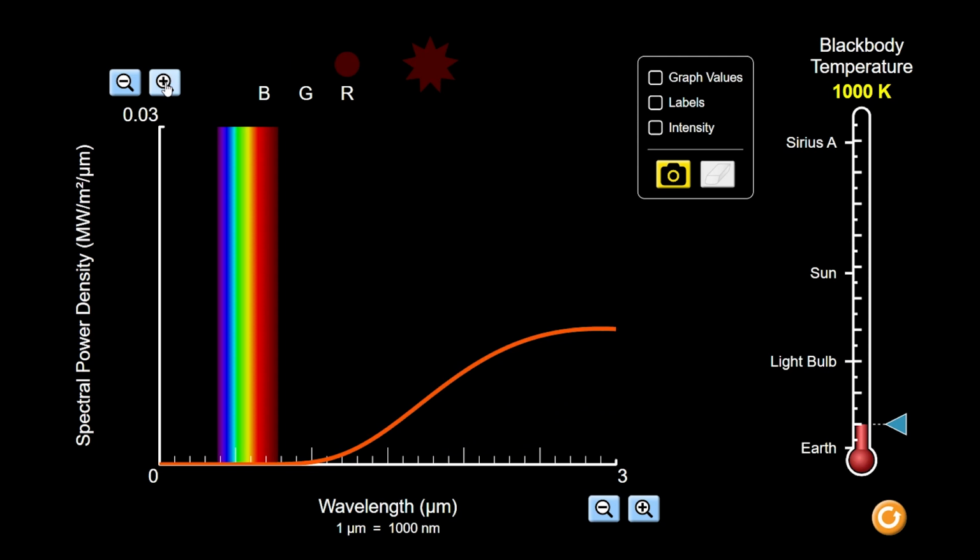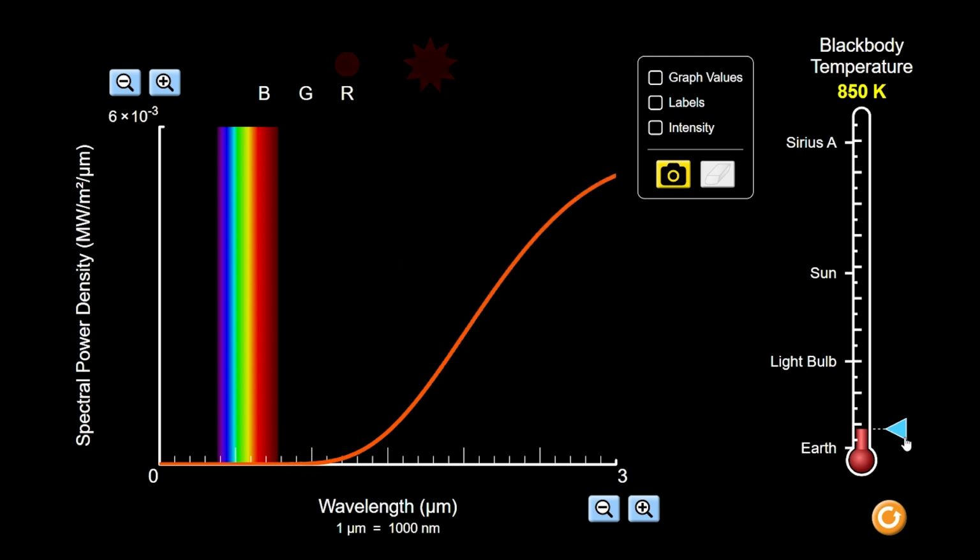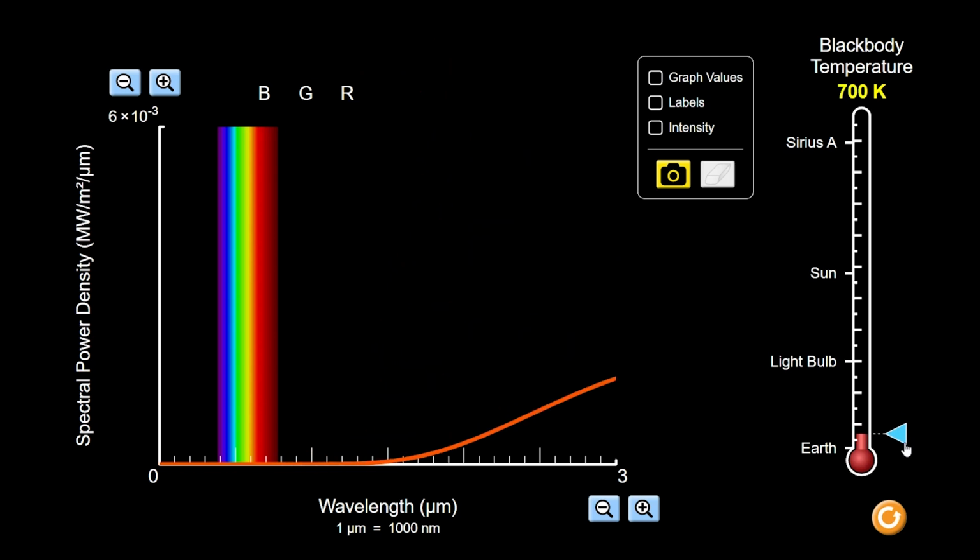Okay, zoom in, raise that back up. Keep lowering the temperature. Okay, zoom in. And now notice that my spectrum has gone really off to the infrared. So I'm actually going to zoom out in wavelength.